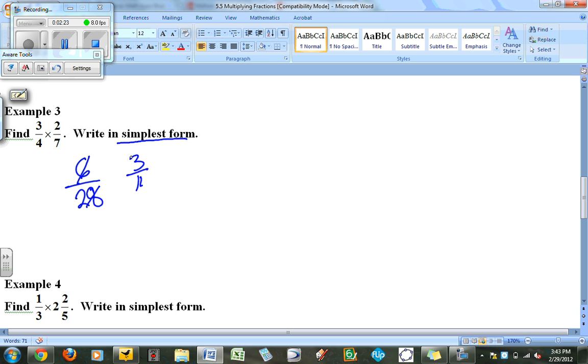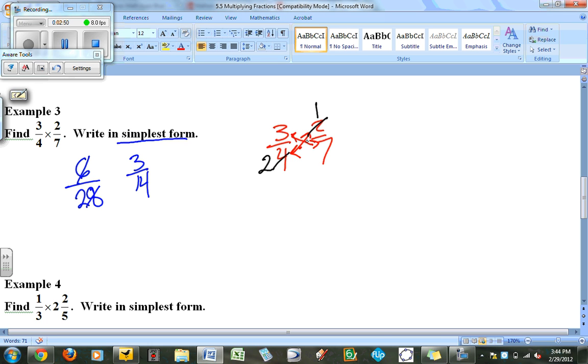Let me show you a shortcut, though, that might make multiplying fractions a little bit faster for you. 3/4 times 2/7. If I look diagonally, I can cross things out. I notice that I can take a 2 out of both of these terms. 2 divided by 2 is 1, and 4 divided by 2 is 2.